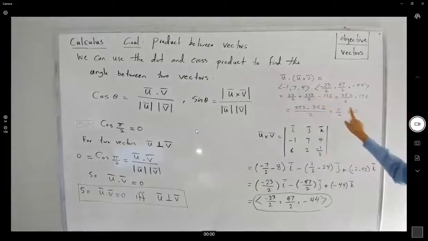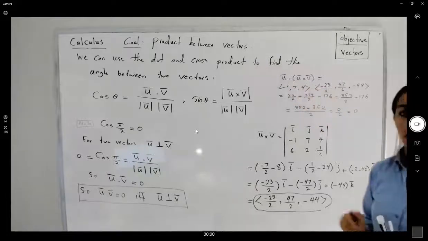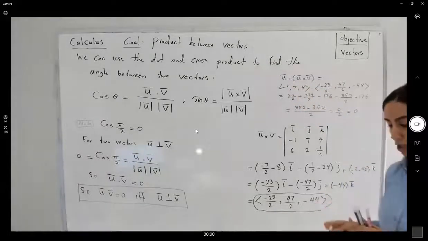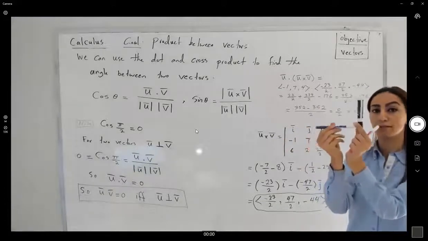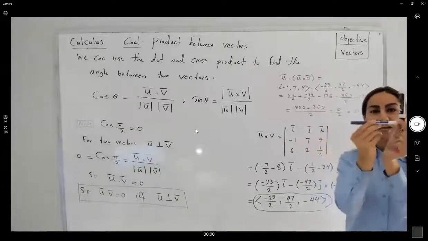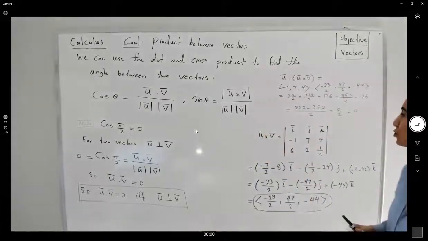The dot product is equal to 0. So it means that u and u cross v are perpendicular to each other. This is vector u, and this is vector u cross v, perpendicular to each other. The angle between them is equal to pi/2.